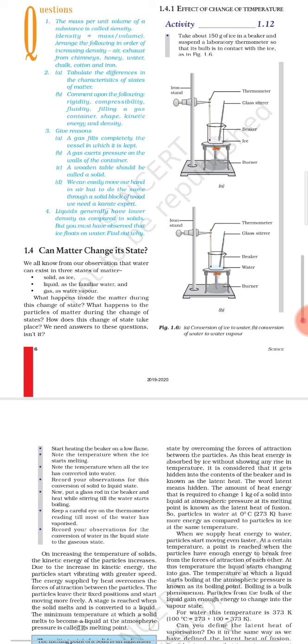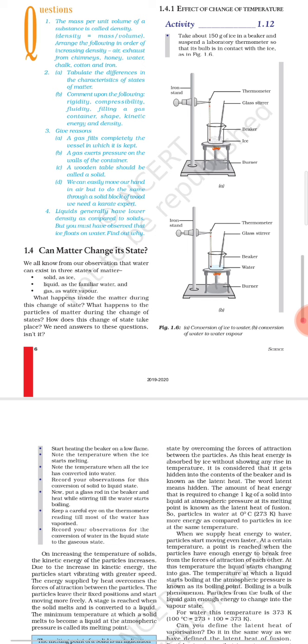Then the next one is shape. You can define shape by taking the example that solids have definite shape, whereas liquids take the shape of the container, and gases don't have any shape and fill the container fully. Then kinetic energy, you must have studied it in physics.